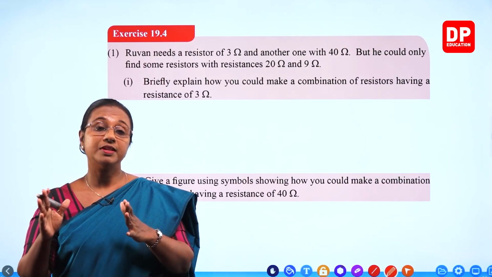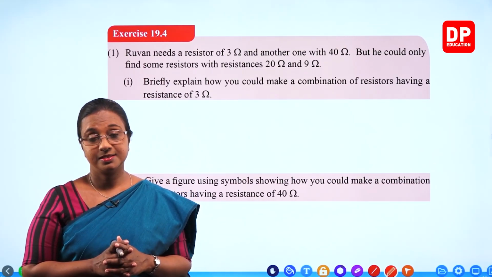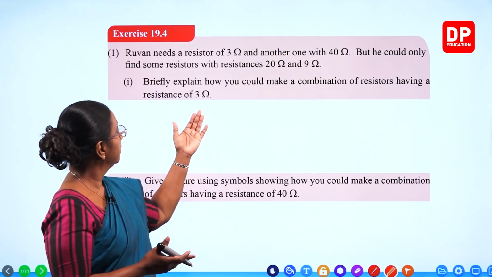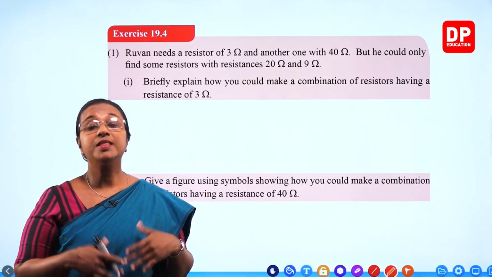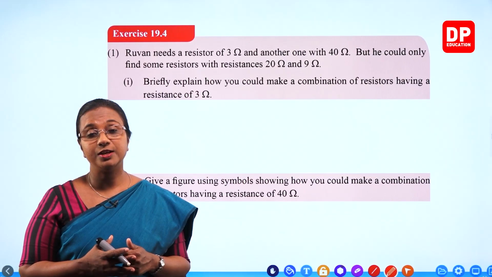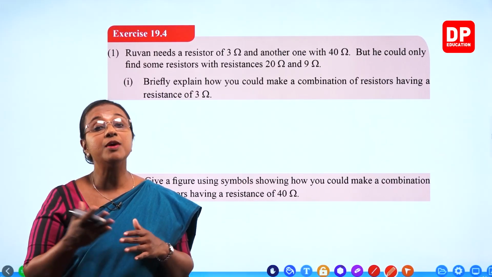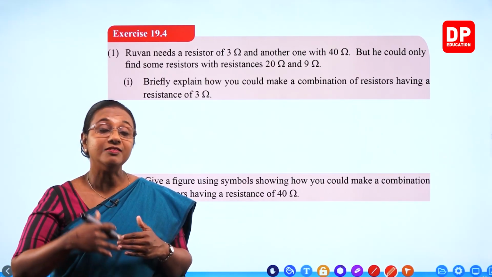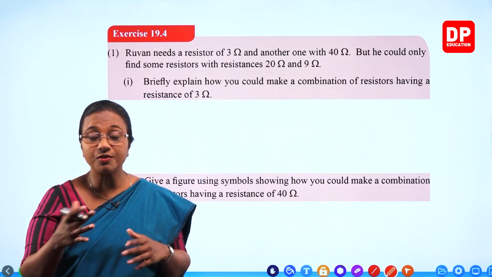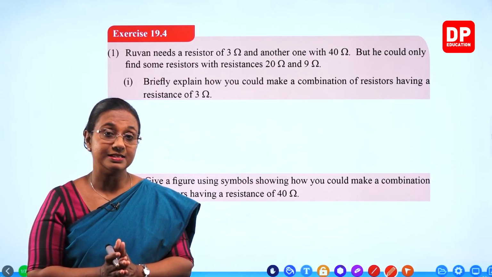The sum of the resistors. Say if you have 20 ohm and 20 ohm, the addition of 20 ohm plus 20 ohm, the equivalent resistance will become 40 ohms. So the resistance of the circuit will increase.